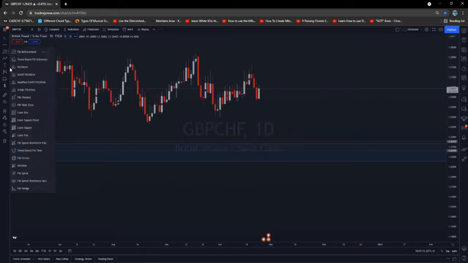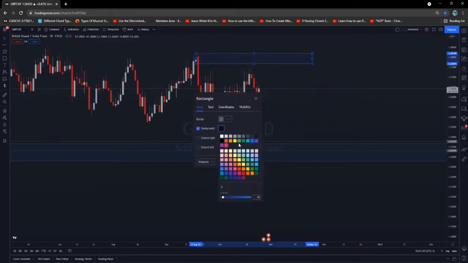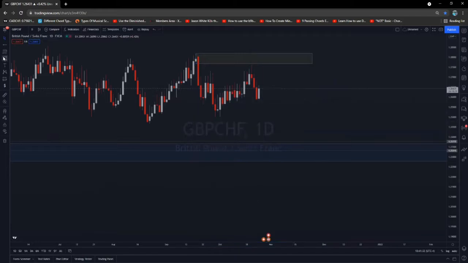We also have our supply area over here, which the market recently retested. Let me change the color. And we have this demand area over here. Supply is in control and we're going to approach this area of demand. So as price goes down, this will be my first take profit, and this will be my second take profit.